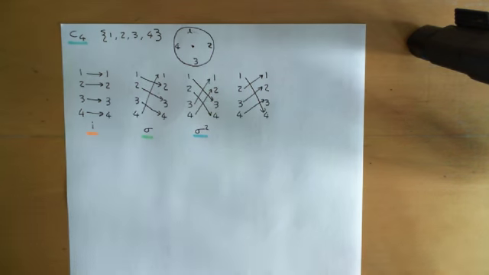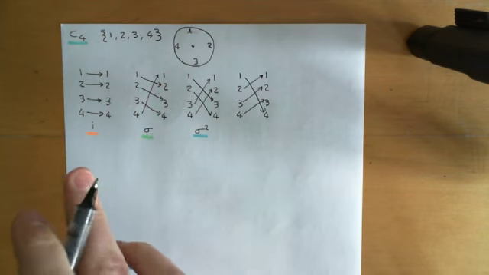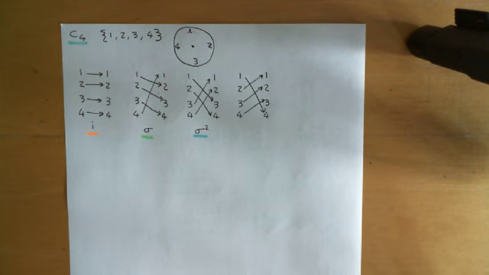And I should just stress that you'll notice that this rotation clockwise by 270 degrees is the same as rotation anti-clockwise by 90 degrees, and that's why we haven't ever had to think about anti-clockwise rotations when we've been doing these cyclic groups. You might have been wondering why we are not thinking about anti-clockwise rotations.